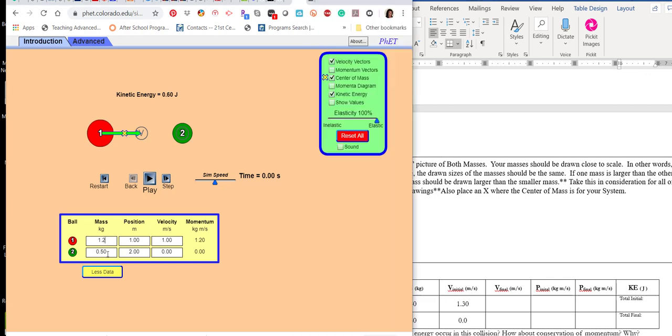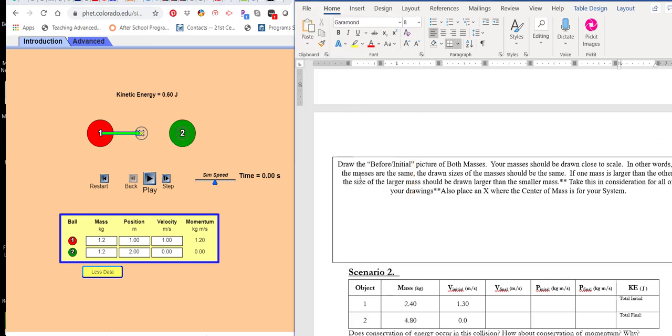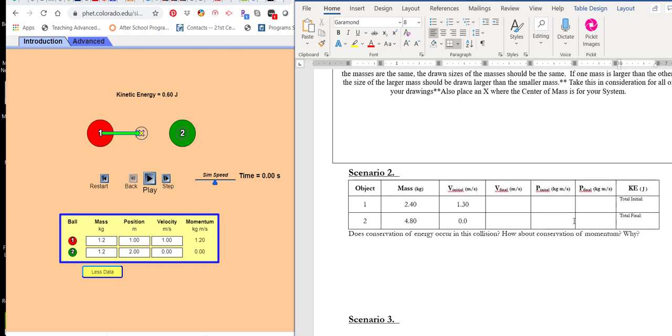So you're just going to draw 2 circles here for mass 1 and mass 2 and put an X where the center of mass is. In this case, same mass, so it definitely should be perfectly in the middle. So that's all I'm asking you to do. Draw your 2 masses, pretty much to scale, and put that yellow X there. And that makes sense, right? Same mass, center of mass should be perfectly in the middle.